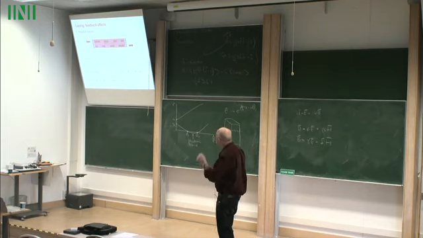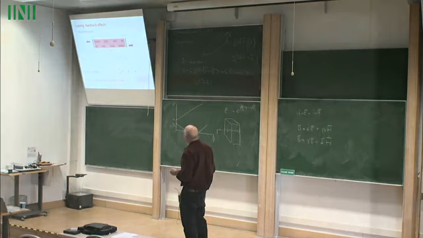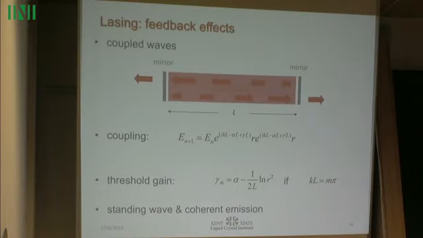Photons bounce back and forth, and only certain wavelengths are permitted. Some leaks out through the mirror at the end, and you have to replenish that. So we have some phase condition here, and we have some loss, and we have some gain. So we have some absorption as we go, and we have to have some gain.